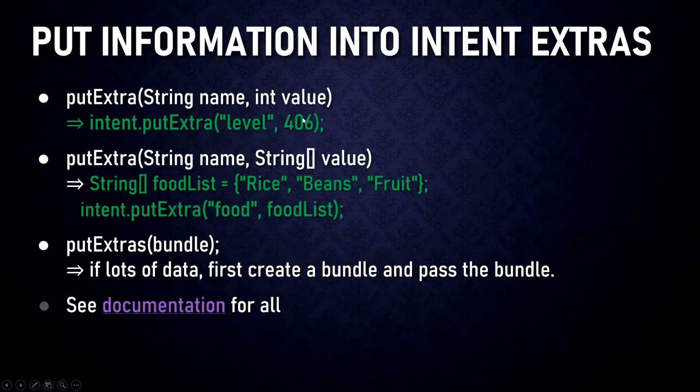You can also have multiple data like an array. You define an array of strings, use putExtra, and define the key for this specific array. Here we use food, and we pass the food list.